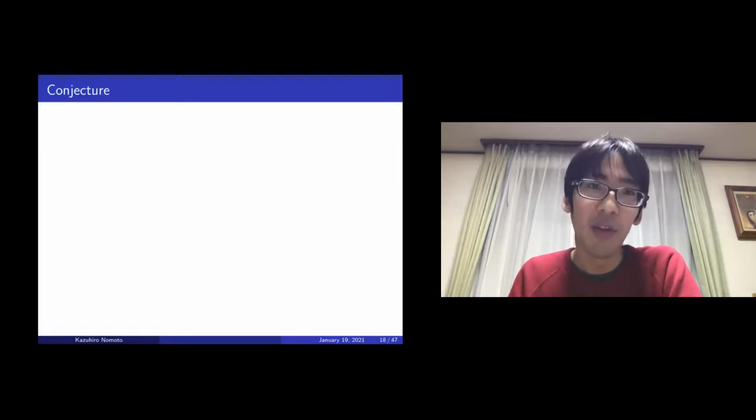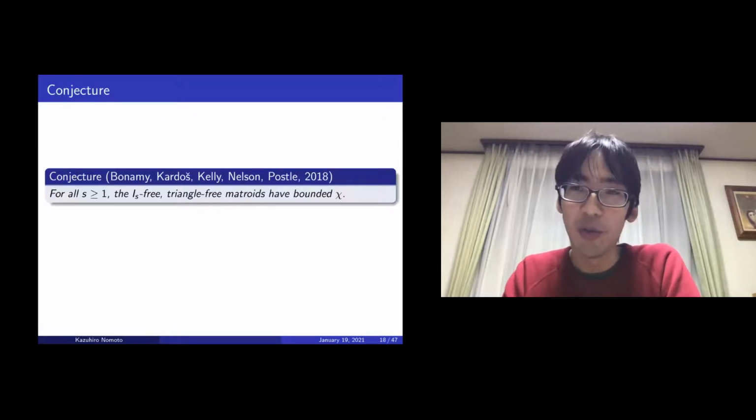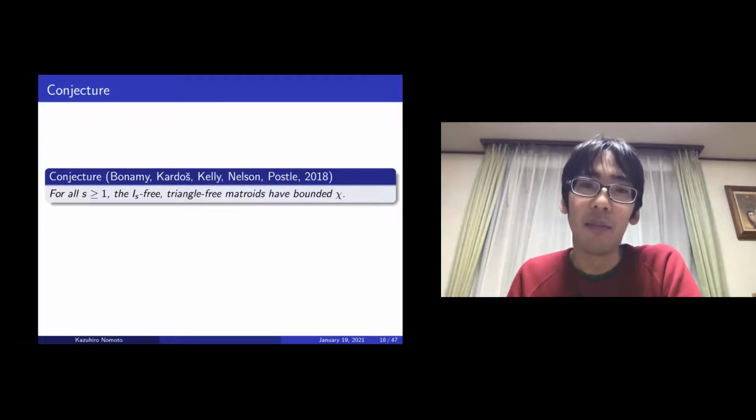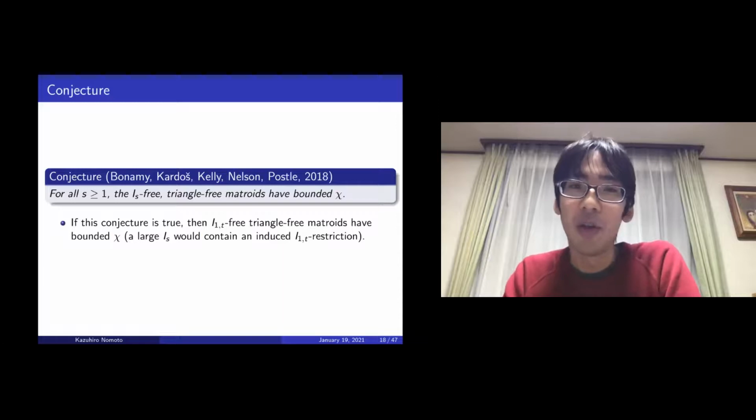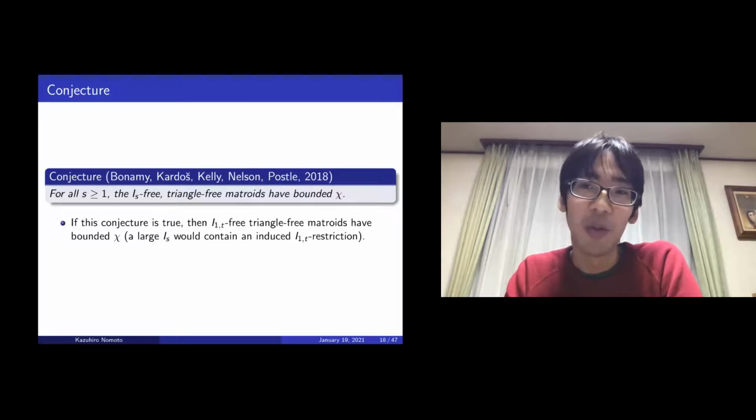The reason we thought about this matroid is as follows. This is the conjecture I wrote down a few slides ago. If this conjecture is true, then certainly the I1t claw-free, triangle-free matroids would also have to have bounded chi. So that would be a necessary condition.